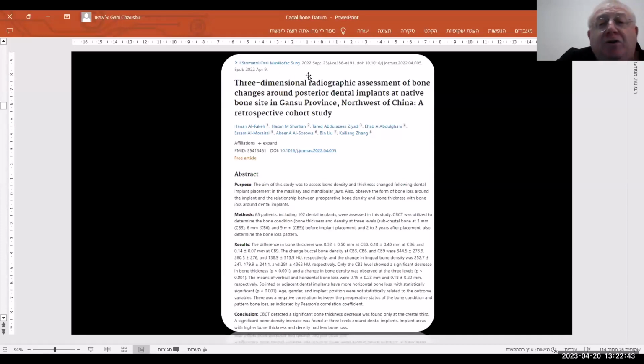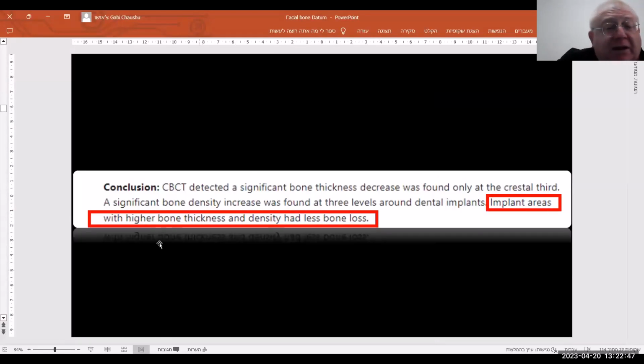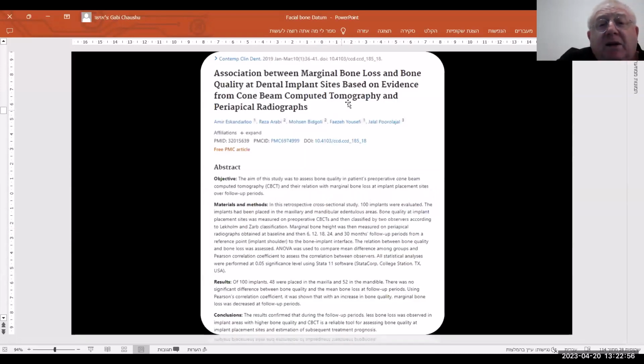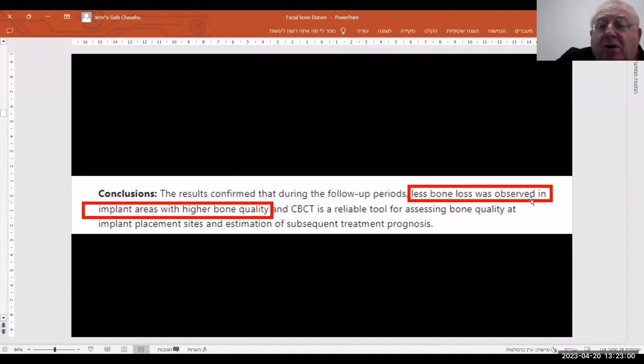Let's look at newer studies from 2022. Implant areas with higher bone thickness and density had less bone loss. So again, contradictory results. In another more recent study, less bone loss was observed in implant areas with higher bone quality.